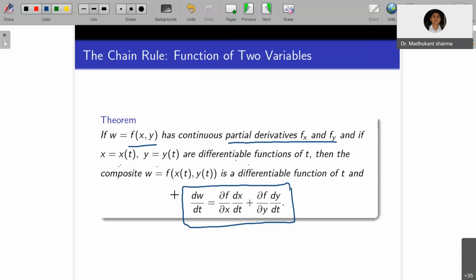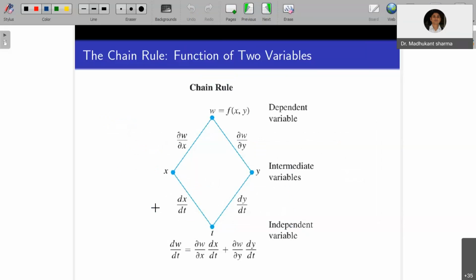Now, this can be extended to the 3 variable case as well. If you include one more variable, it will give you the result.